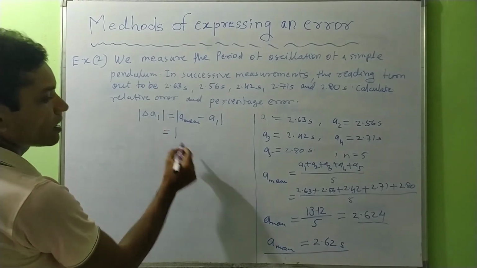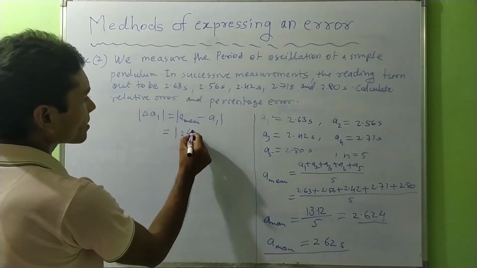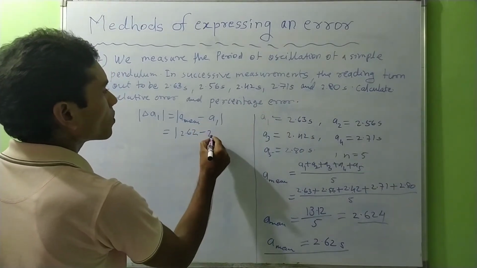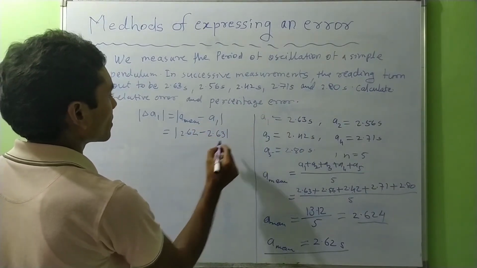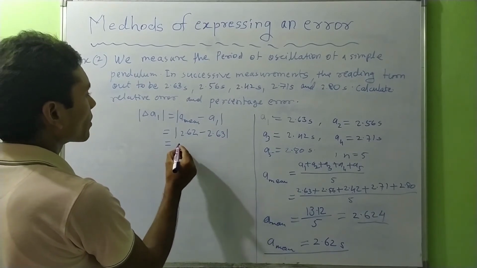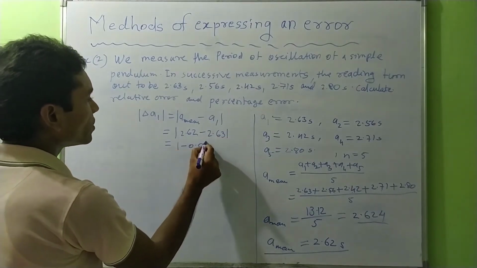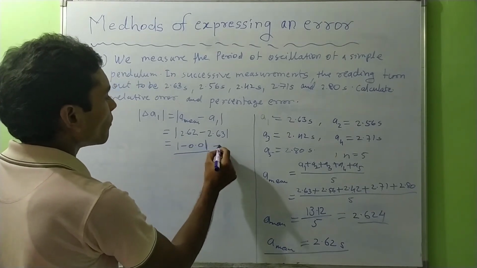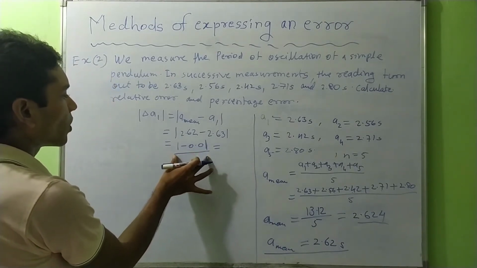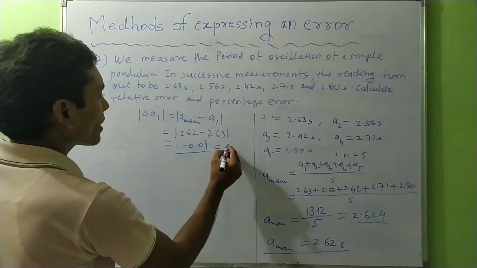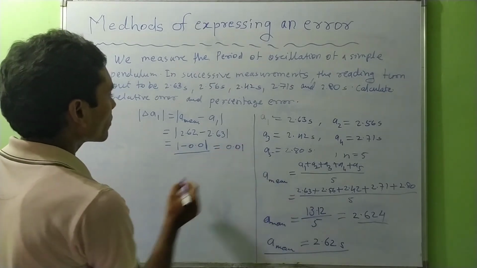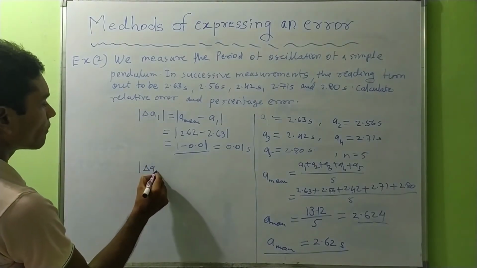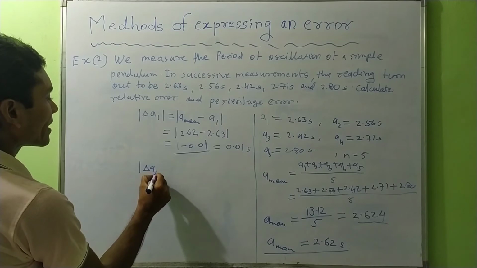So A mean is equal to 2.62 minus first reading 2.63, or it will be equal to minus 0.01. But this is the absolute value because here modulus is taken, so it will be 0.01 second.